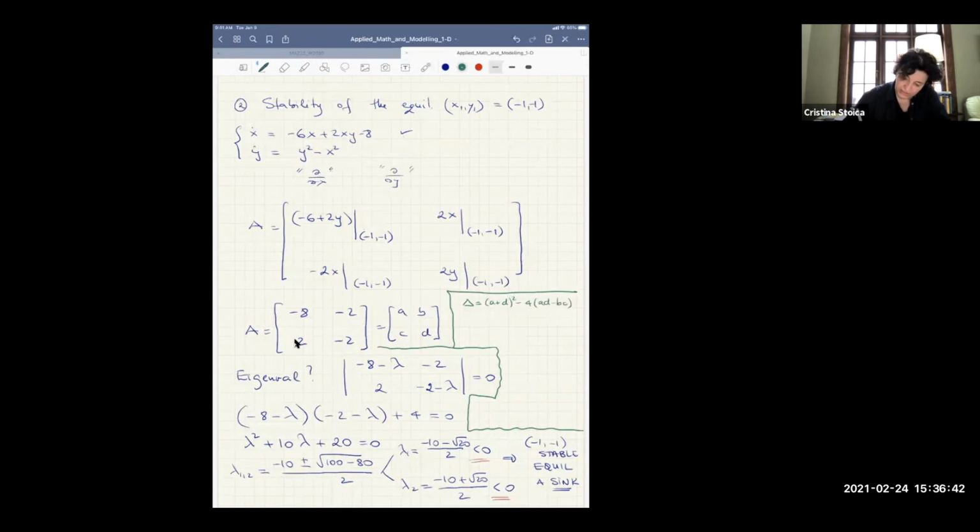In this case, you get delta from there: 100 minus 80, so it will be 20, so it's positive.